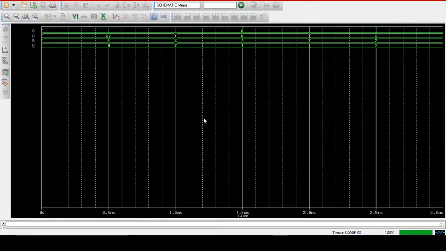Okay, so I chose one value for the divisor that was greater than the dividend, one value for the divisor that was equal to the dividend, and then one value of the divisor that was less than the dividend. And so all of these values are in decimal. The dividend was chosen to be 8.